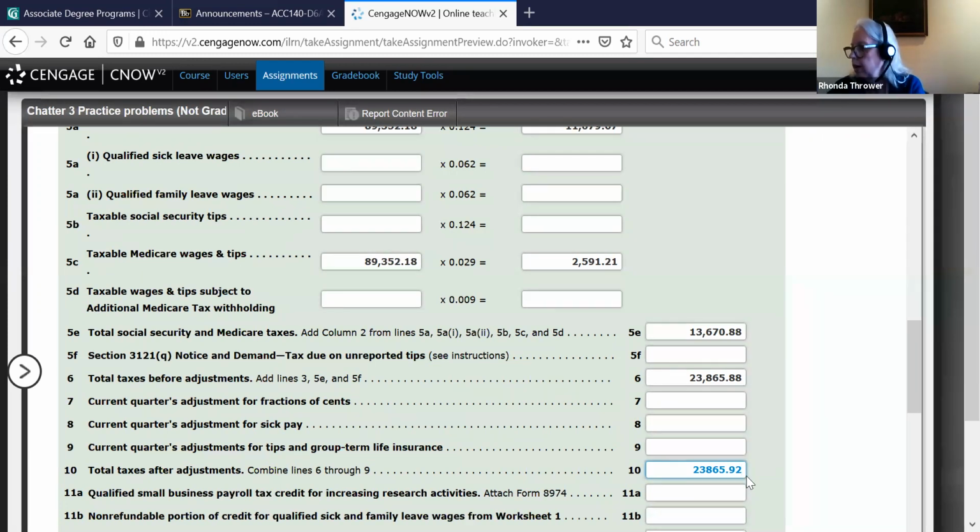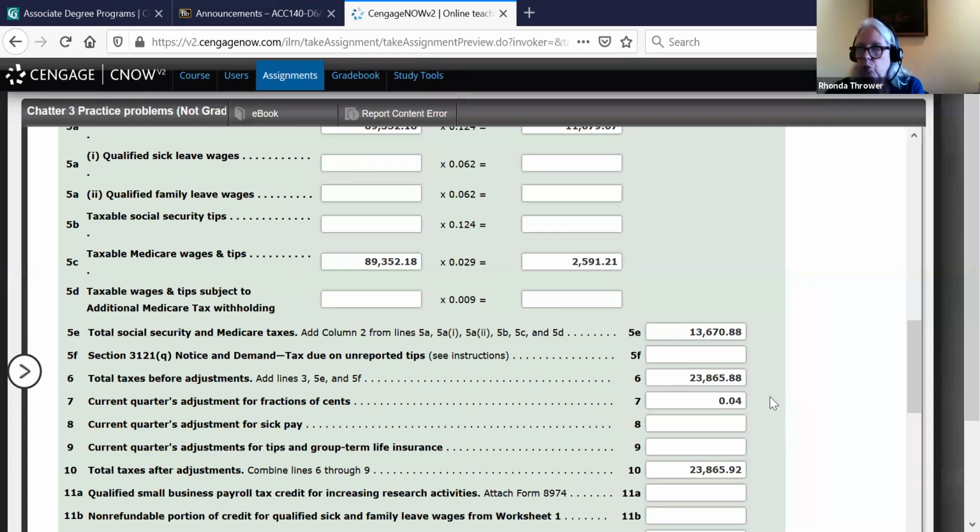So take the 92 cents, subtract 88 cents from it, and that leaves you with a difference of 4 cents. This 4 cents is what we call the fraction of cents. So we go to line 7, and we're going to put in 0.04.